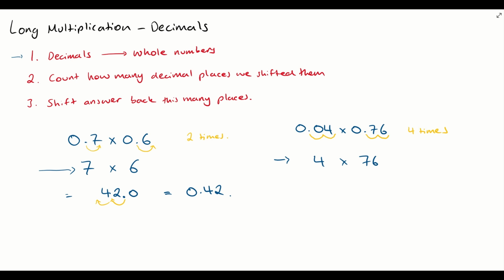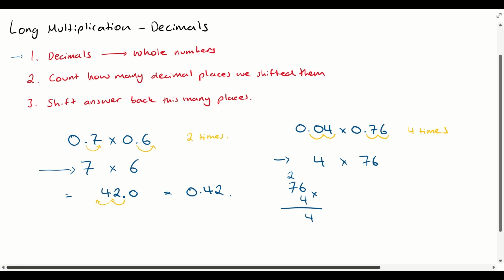So can we do 4 times 76? Well, that's a long multiplication. We've been practicing these. So 76 times by 4. 4 times 6 is 24. 7 times 4 is 28 plus the 2 for 30. So 304. But then what do we have to do to this 304? If we put our decimal point in, it's going to be 304.0.